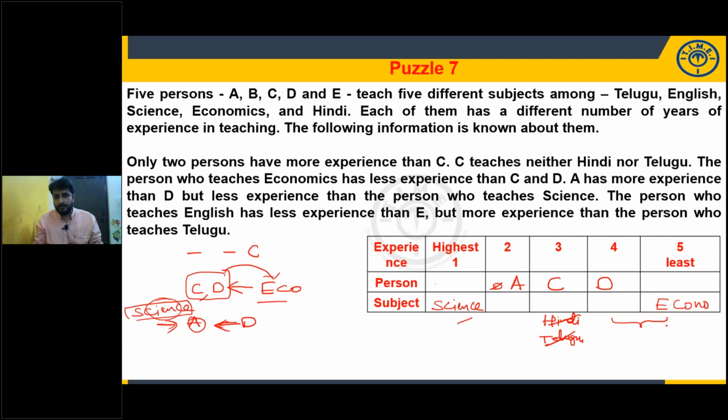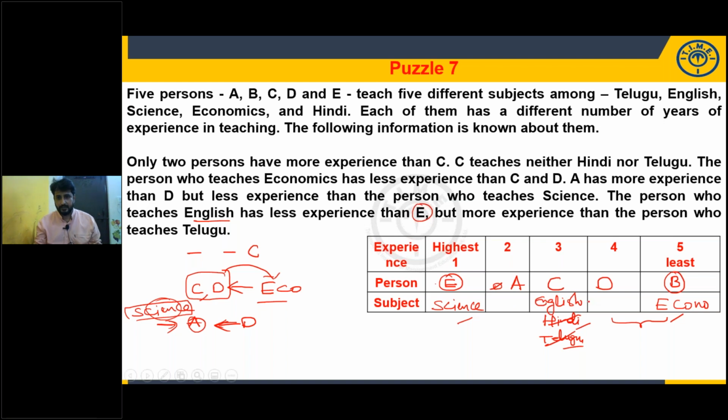So science completed, economics completed, Hindi and Telugu cannot be here. So remaining English. Now, the person who teaches English has less experience than E. So English has to be after E, so E will be here in the descending order. So remaining B will be here, the least person.